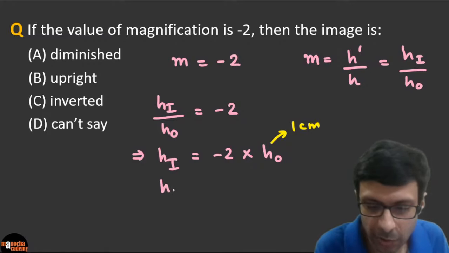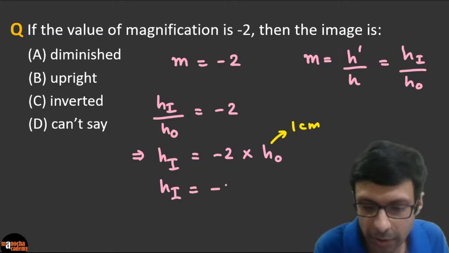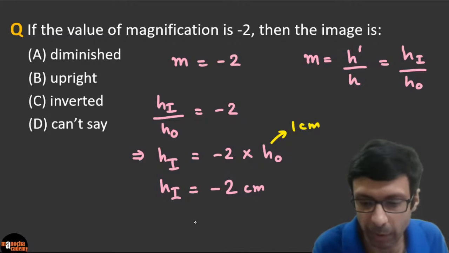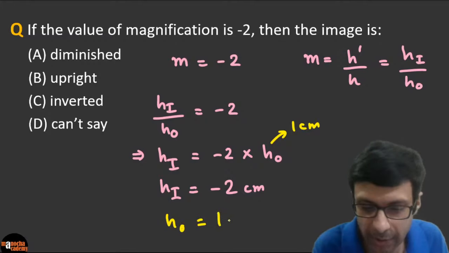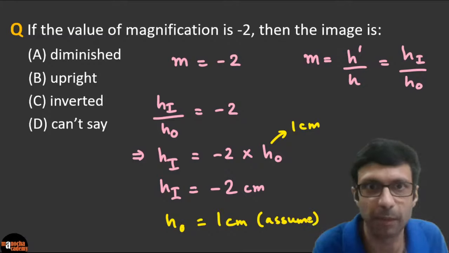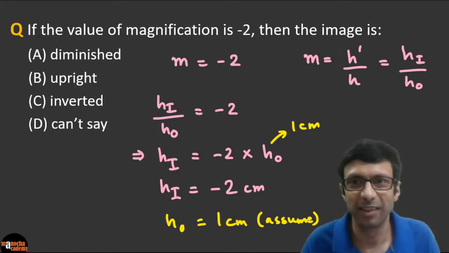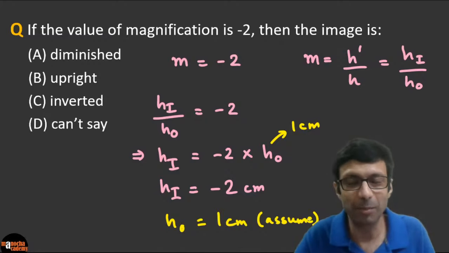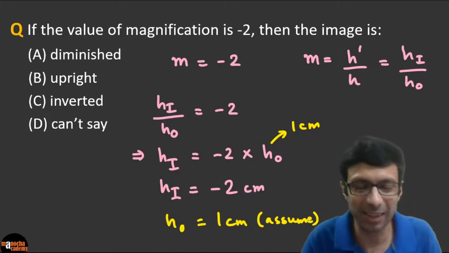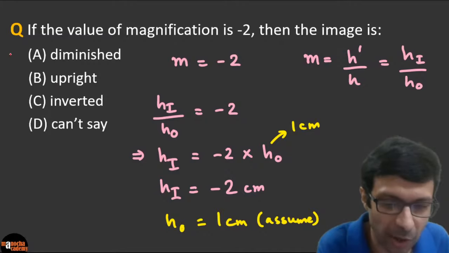If the object height is 1 centimeter, the image height works out to be -2 centimeters. Now guys, what do you think? Clearly the image is not diminished, because it is 2 centimeters, twice the object. So the first option is out.